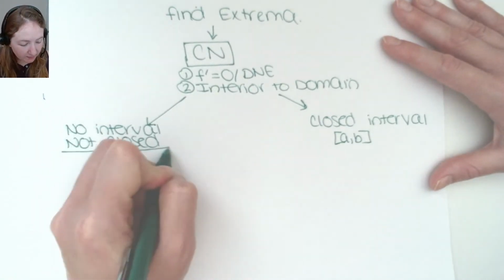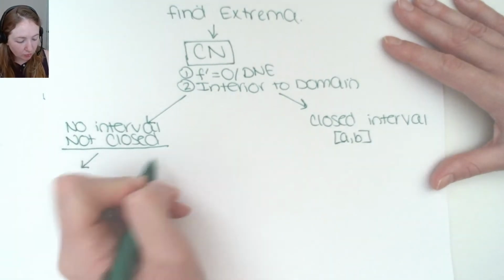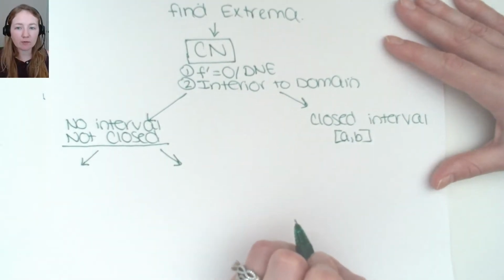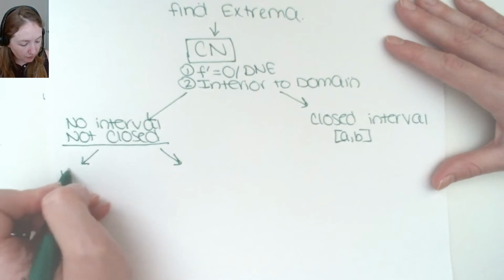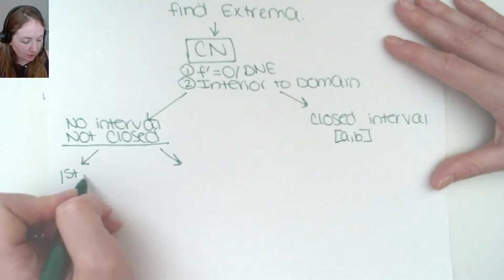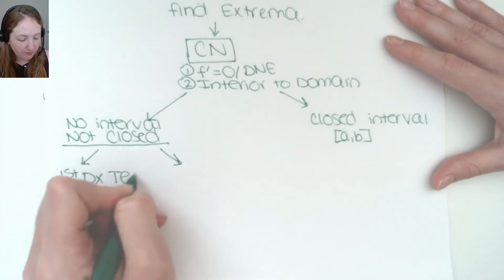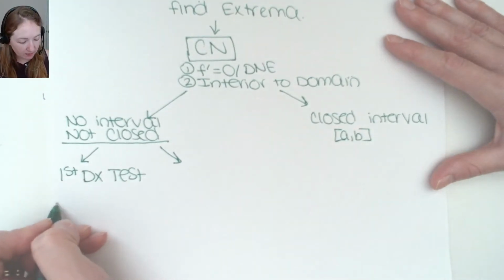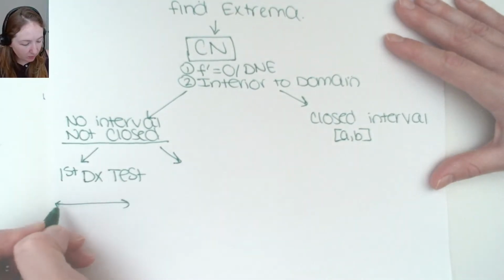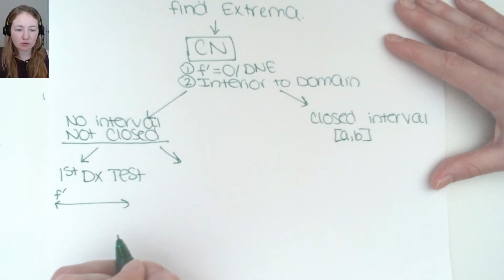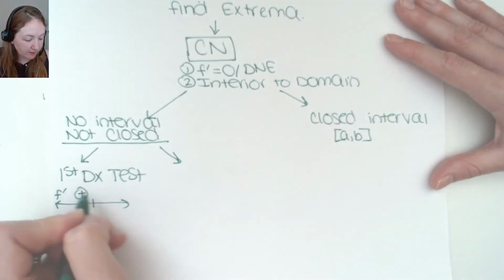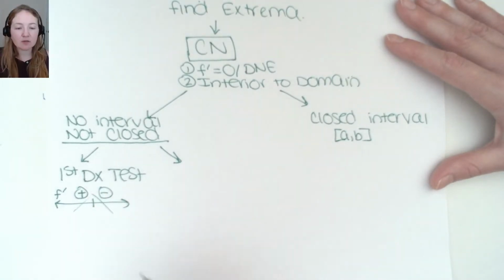Now, when it is not closed, you have two options once you have those critical numbers. The first option is that you can use the first derivative test. And the first derivative test, again, is that number line where you plug into the first derivative and you figure out if you have a positive or a negative, increase, decrease, there's my relative maximum.